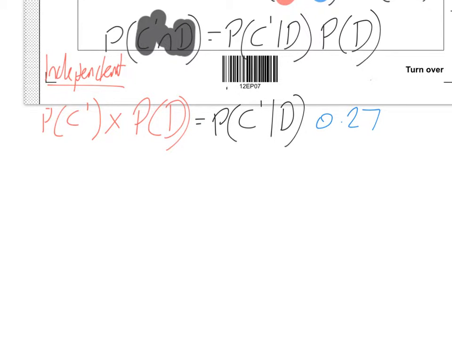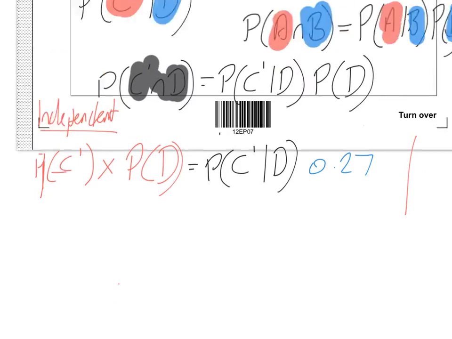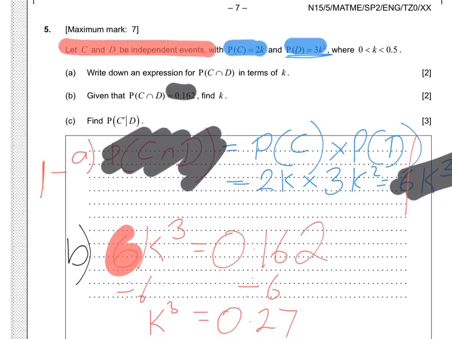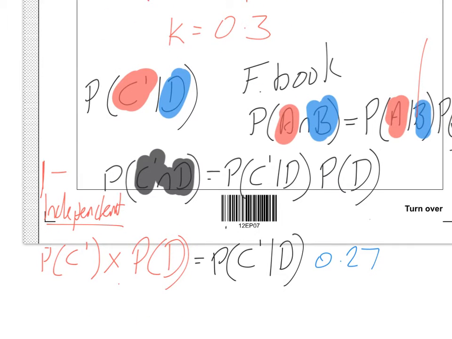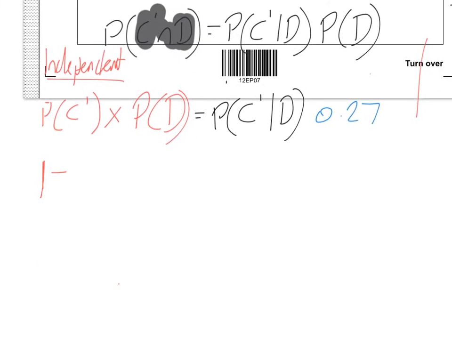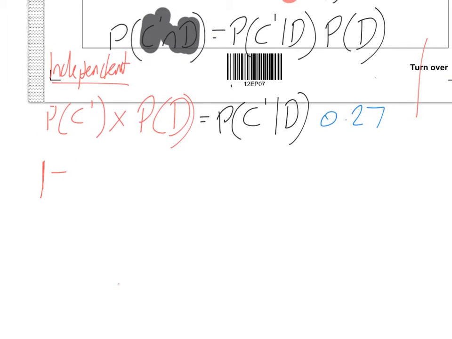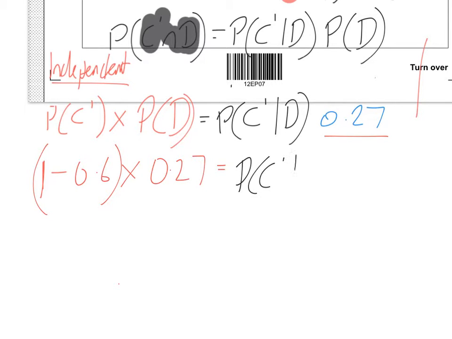Well, the probability of C not happening is just 1 minus whatever C was, and we've got that at the top. Scroll all the way back up. It's 2k, so that's 0.6. So that's 1 minus 0.6 times, we already looked at what D was, 0.27, I'm going to need brackets on that, is equal to the thing we're trying to find, not C given D, times 0.27.